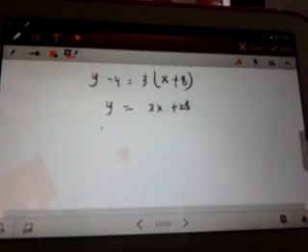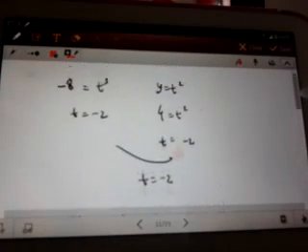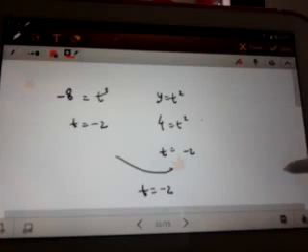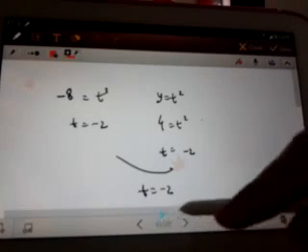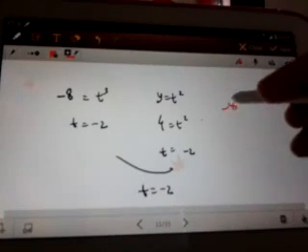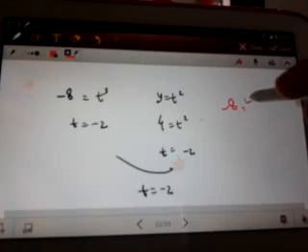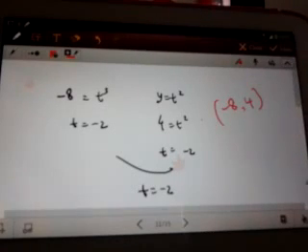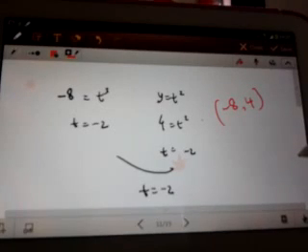Of course, we first have to find the t value for the point minus 8, 4, because our equation is in terms of t.